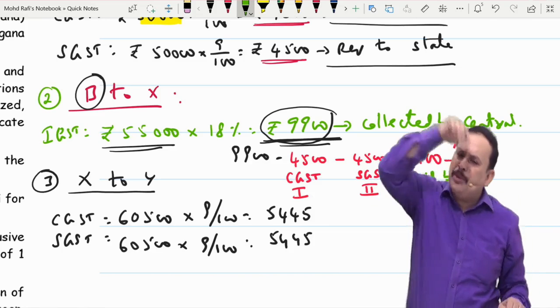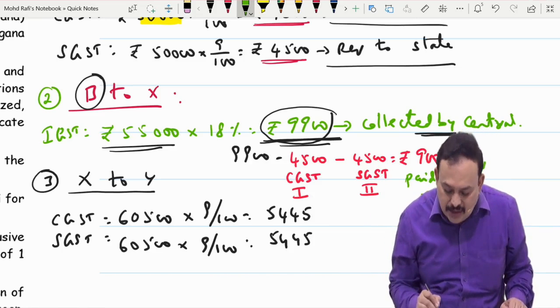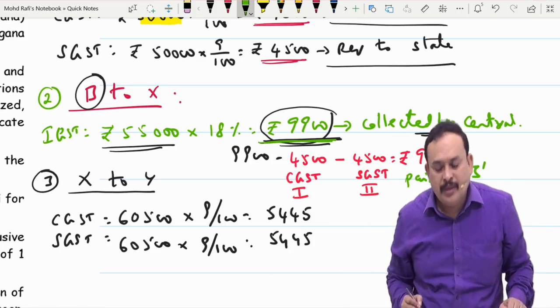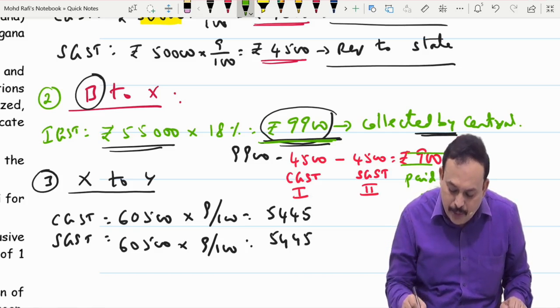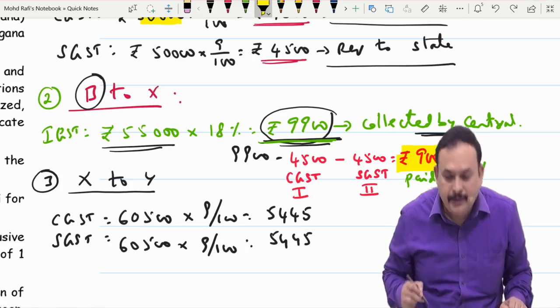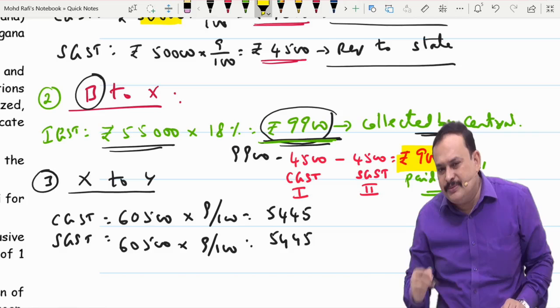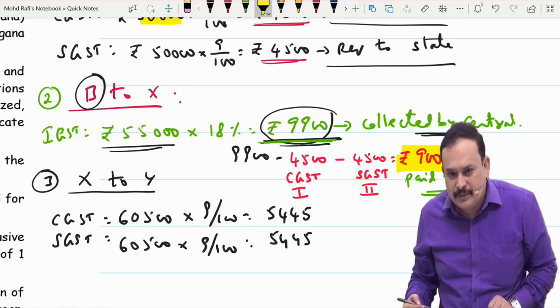But how much were they supposed to collect? 9,900. But you paid only 900. Got the clarity? Shortfall how much? 9,000.